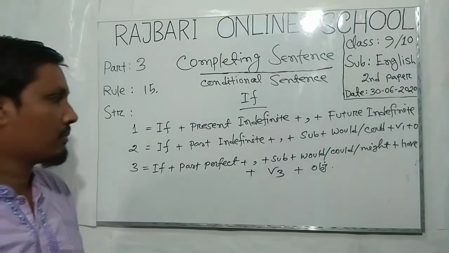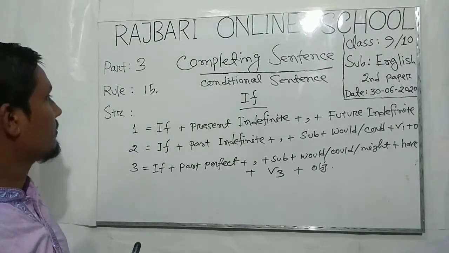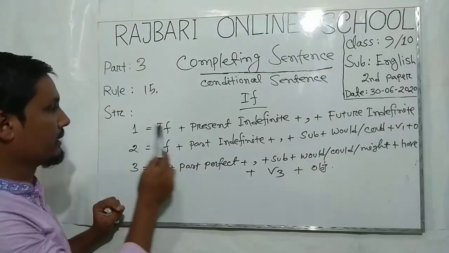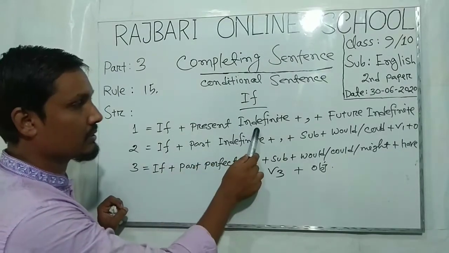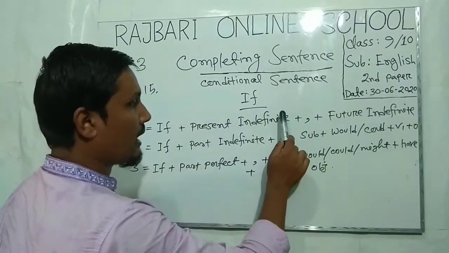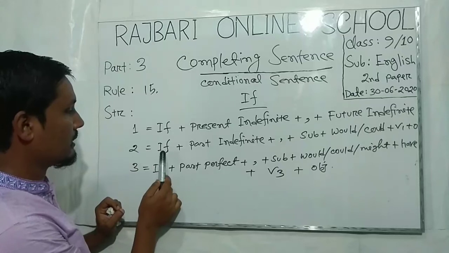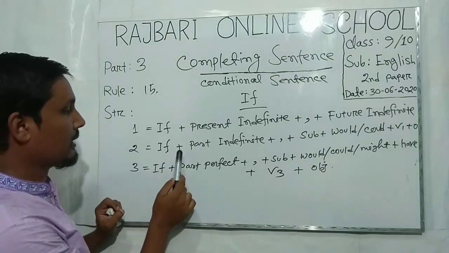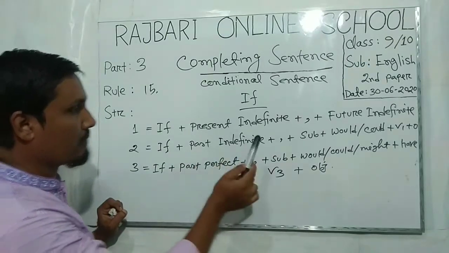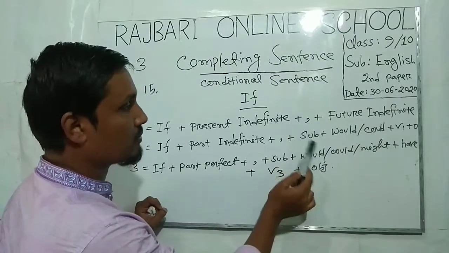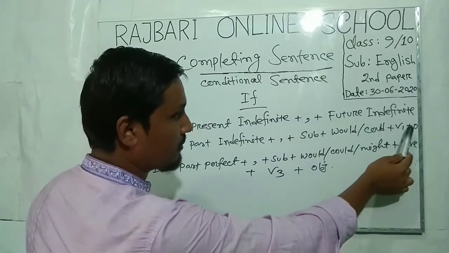Have you seen? Okay, I am reading out the 3 rules of conditional sentences. Rule 1: if the sentence is in present indefinite tense, you have to use future indefinite tense in the second sentence. Rule 2: if the sentence starts with if and you can see the past indefinite tense in the first sentence, then in the second sentence you have to use subject plus would, could plus verb 1 plus object.